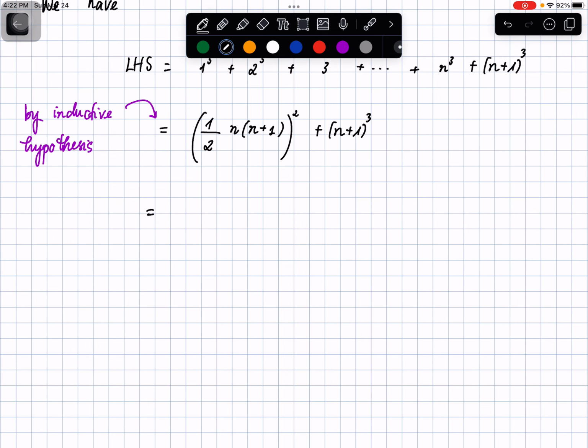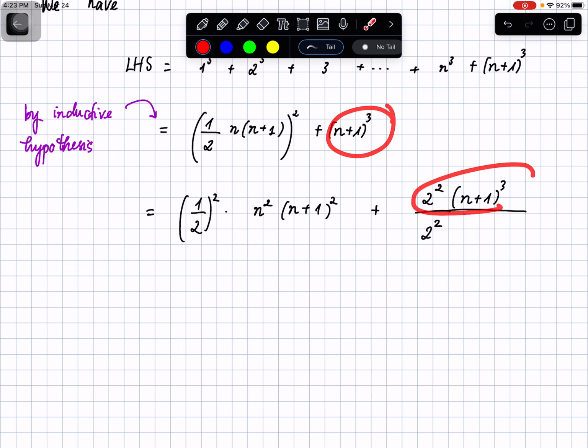So this equals 1 over 2 squared, right? So 1 over 2 squared, just put it right here, times n squared, n plus 1 squared, plus 2 squared over 2 squared times n plus 1 to the 3.